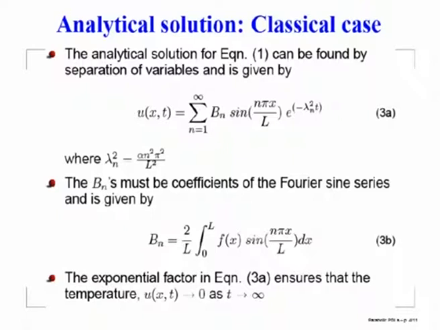One is the space dependent part, one is the time dependent part, and you can see indeed the time dependent part is exponentially decaying, right. And of course, from the initial condition you could find these Fourier series coefficients B n, right. This is quite familiar to you, so you should be very comfortable with this step.